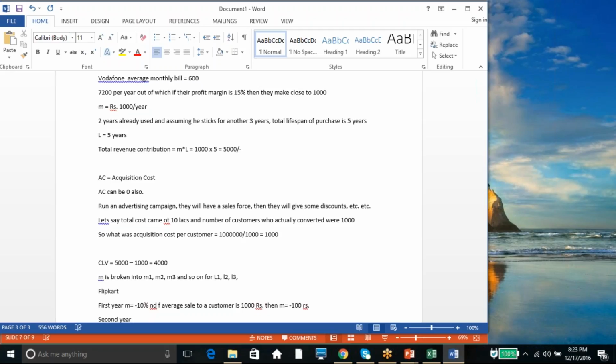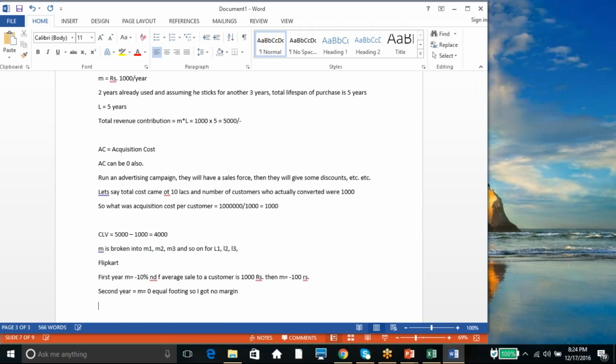Then second year M is equal to 0, that is I am on equal footing. So I got no margin. Then third year I made M equal to 10%. So I got 100. Then fourth year and so on.